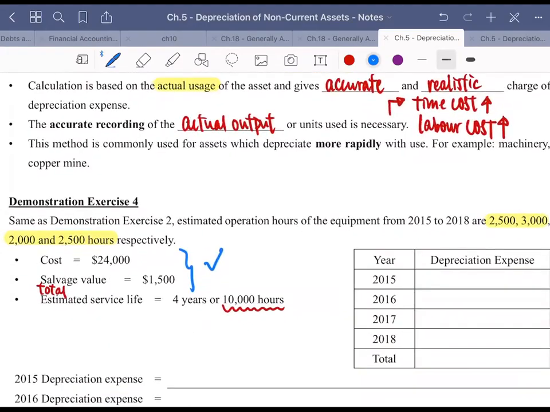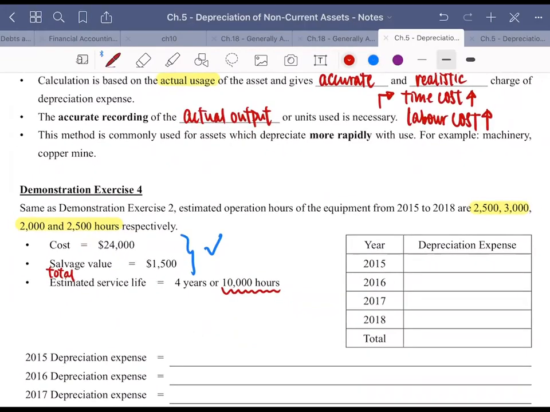So I will demonstrate the first part of this demonstration exercise 4. Firstly, in 2015, the number of hours used is 2,500 hours. And we are going to calculate the cost minus the salvage value first in the very beginning, which is $24,000 minus $500. This is deducting the salvage value, and we are going to times a ratio.